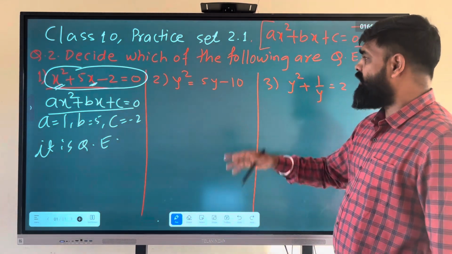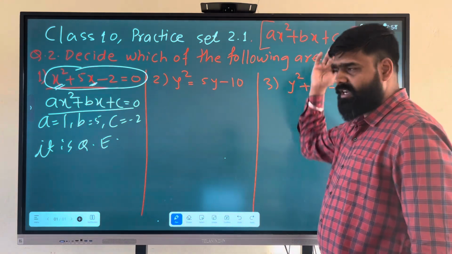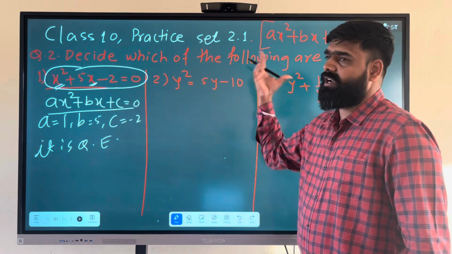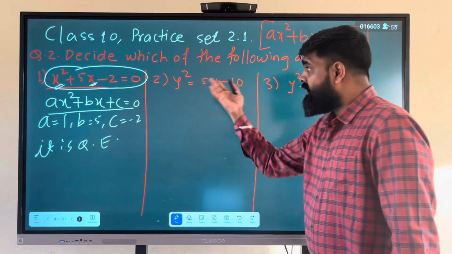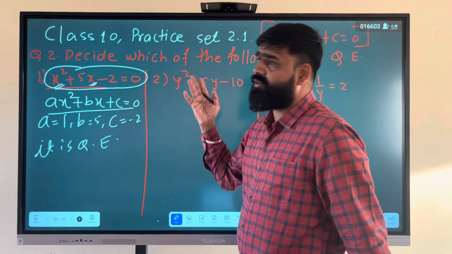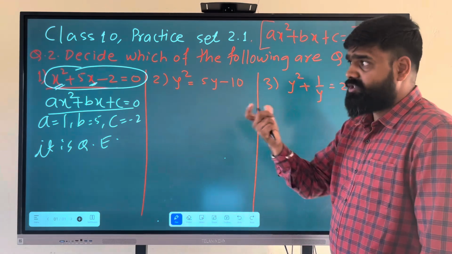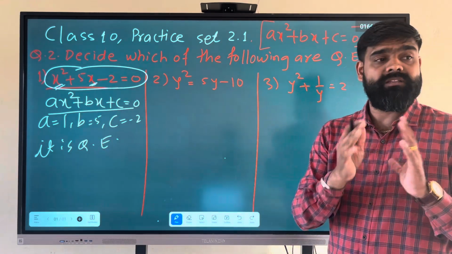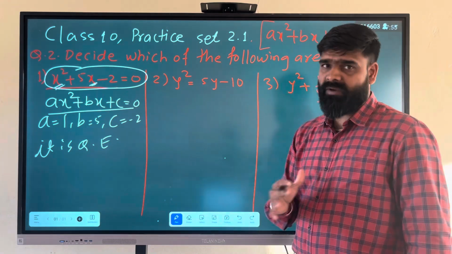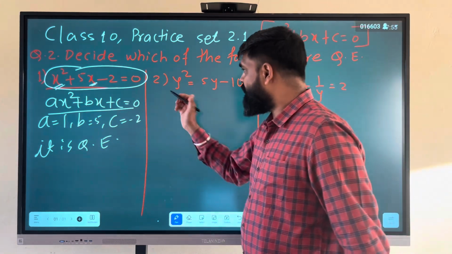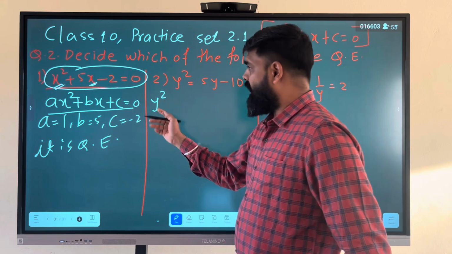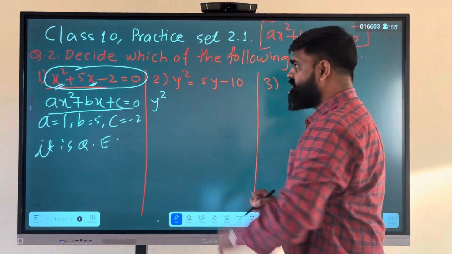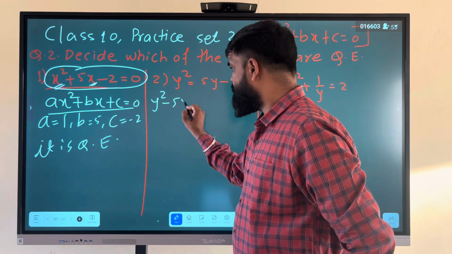Similarly, we have to compare this equation with the generalized format. Before comparing, we have to bring the given equation into the generalized format, which means we have to simplify this equation first. So how to simplify this? Write y square. We bring this 5y to the left side, so this will become minus 5y.